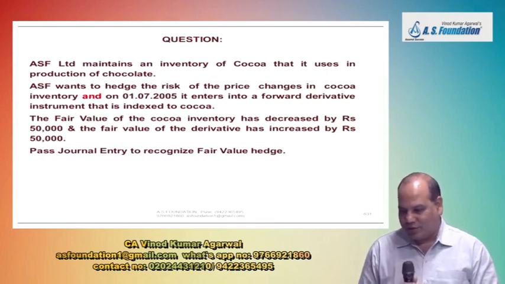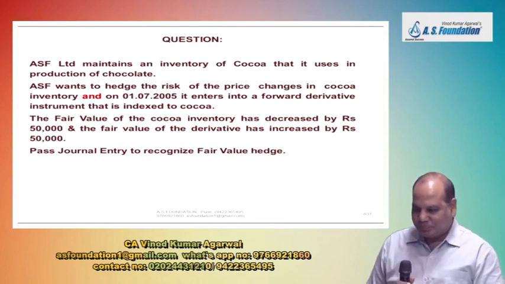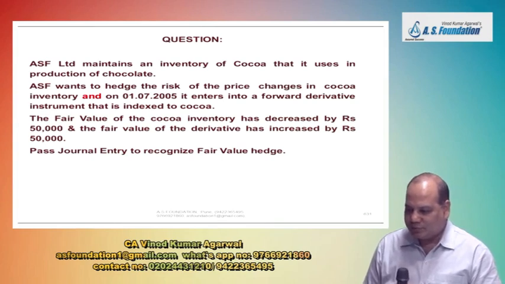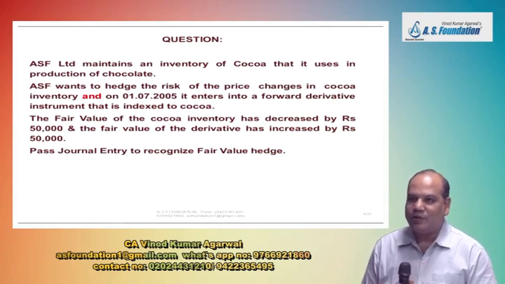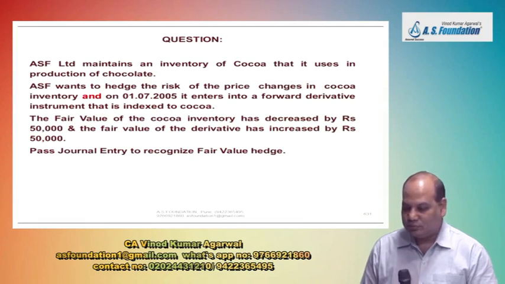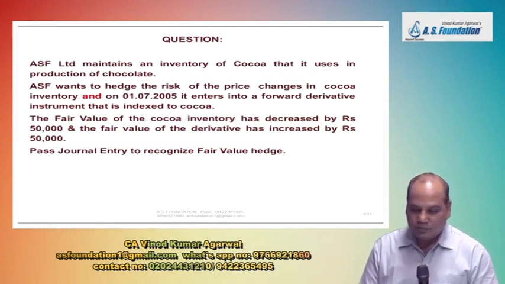Pass journal entry to recognize the fair value hedge. So this time you don't have to pass so many entries. Only pass entry for change in fair value of the inventory, change in fair value of derivative. Both will be recognized in the P&L account in the same time period, because it's a fair value hedge.